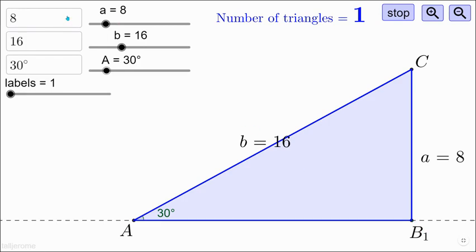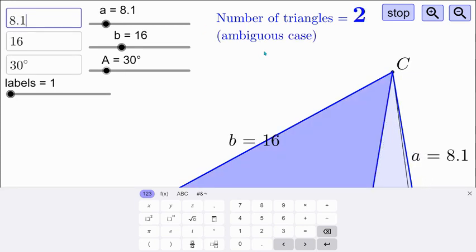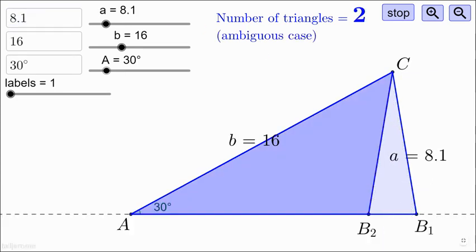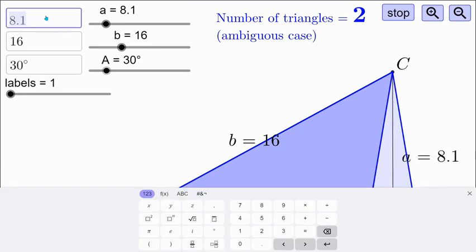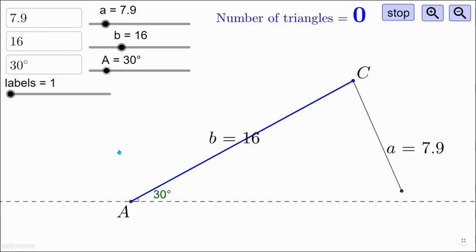Now, if I make it a little bit longer, 8.1, then it swings. It swings from point to point until it reaches the horizontal line. What if I make line A 7.9, a little bit shorter? It's swinging back and forth, trying to make contact with that horizontal line B, and it is not possible.